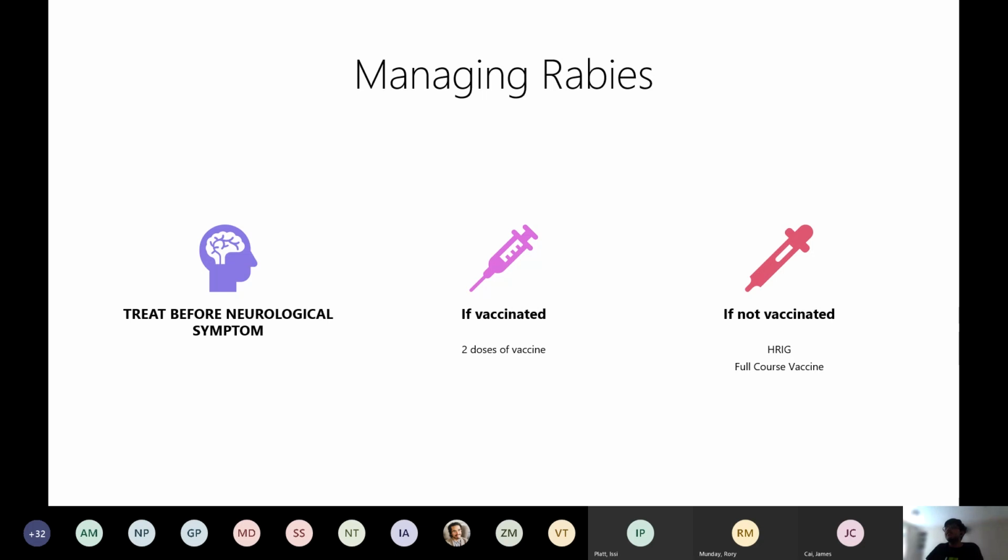So let's say they've had the vaccine. What are you going to do? So they knew that they were going to an area with rabies. You give them a booster. You give them 2 further doses. That's exactly what you do of the vaccine, and hopefully that will protect against the toxins released.